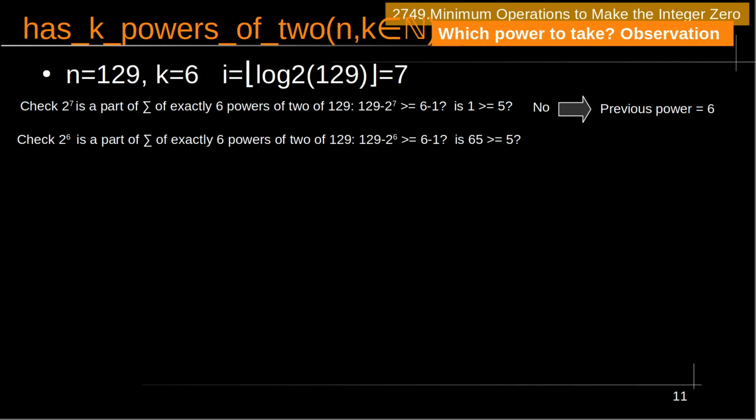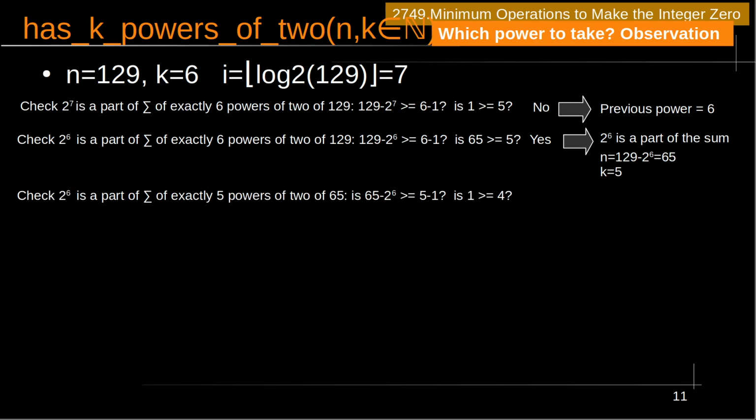129 minus 2 power 6 is greater than or equal to 6 minus 1. So is 65 greater than or equal to 5? The answer is yes. So we can say that 2 power 6 is a part of the sum. And we have to recompute n, because now for 129 we have found a power of 2. So we get 129 minus 2 power 6, which is 65, and k will be reduced to 5.